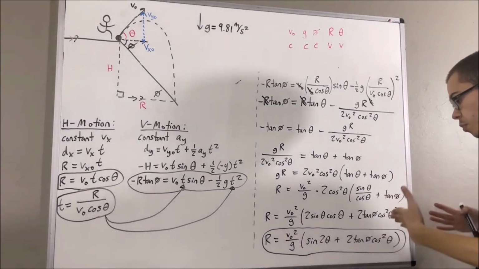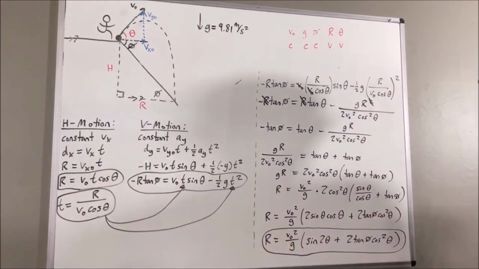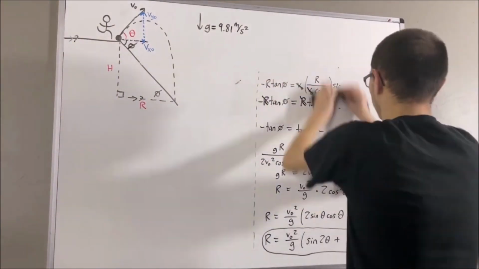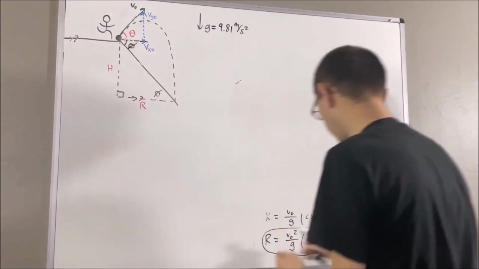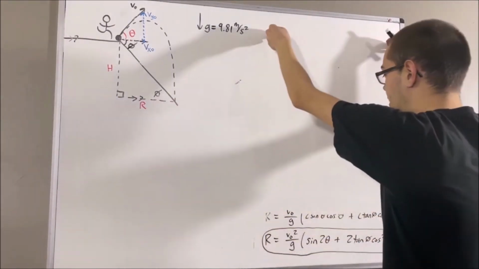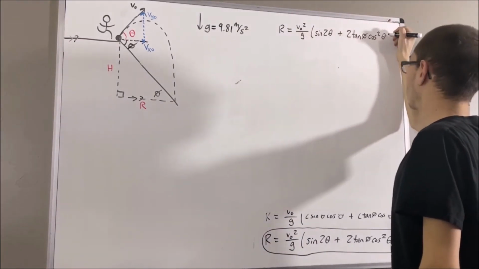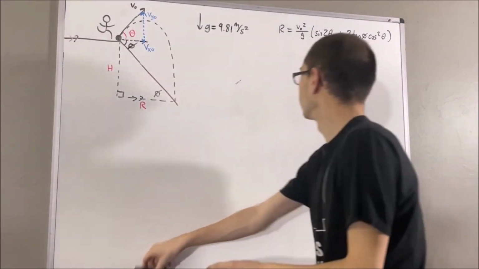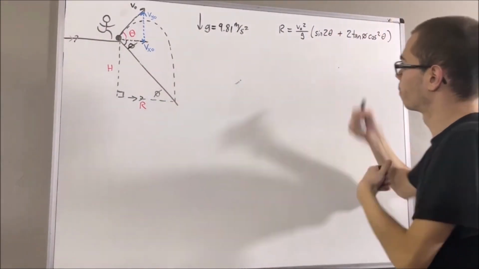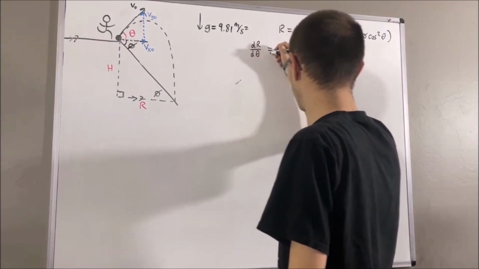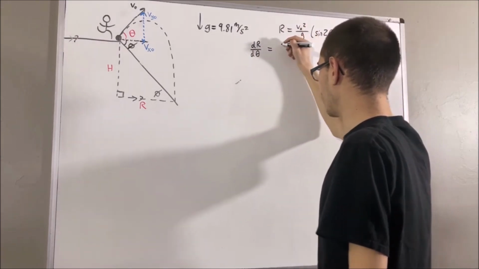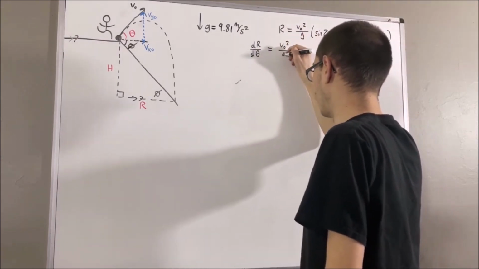So now, at this point, let's take the derivative of this. Before I erase this, let me just rewrite this back at the top before we take the derivative. And now let's take the derivative. Now, v naught squared over g is just a constant, so let's pull that to the outside.